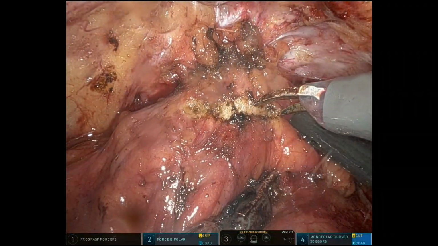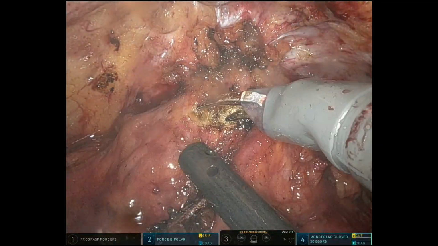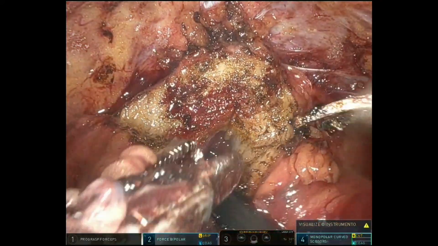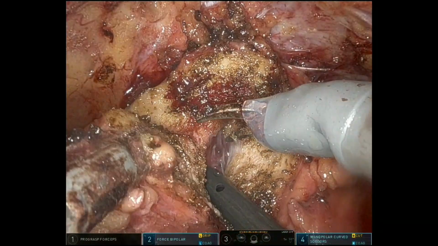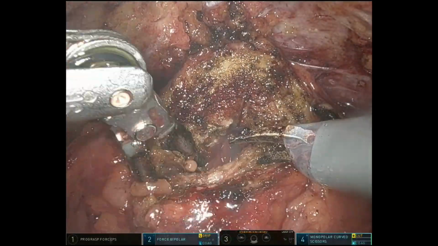We begin with an arciform incision of the anterior bladder wall. Once the stricture was located, we marked an inverted Y incision on the anterior bladder wall with monopolar scissors.